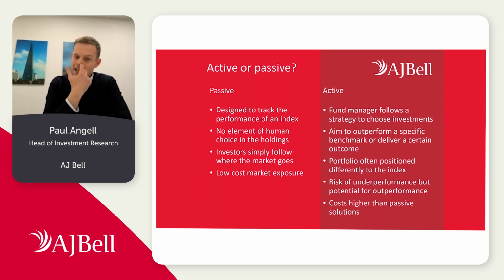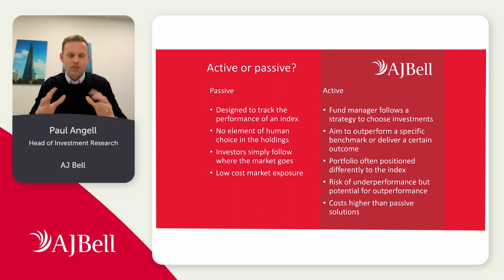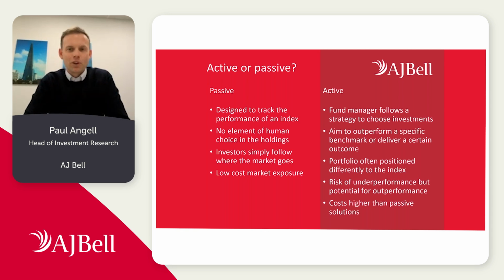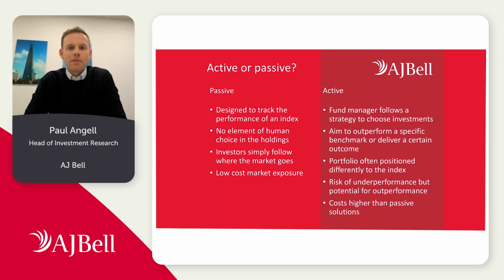So the first decision then, as you're thinking about which investment to select, is whether to go active or passive. Tonight we're going to be looking at 5 actively invested strategies. Here, these are where a fund manager has chosen a particular strategy to their investment philosophy and process that they think will outperform markets over the long term.